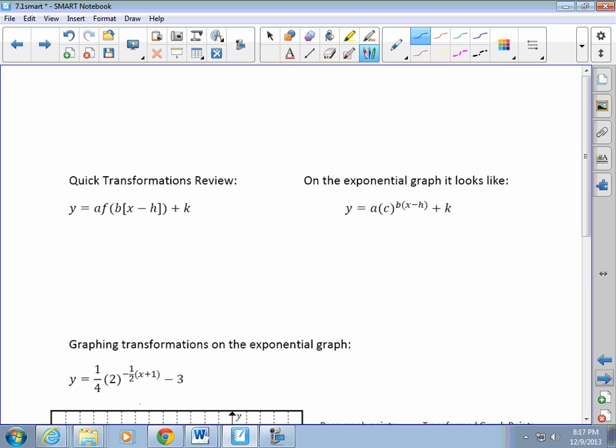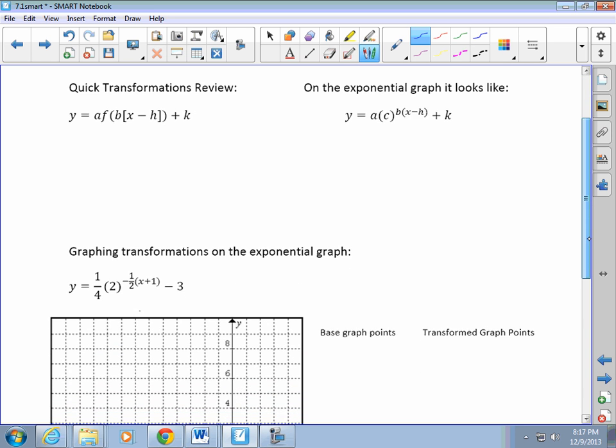So section 2 then is doing some transformations of functions. So just a quick transformation review. Remember the a value here is a vertical stretch. Your b value is your horizontal stretch.